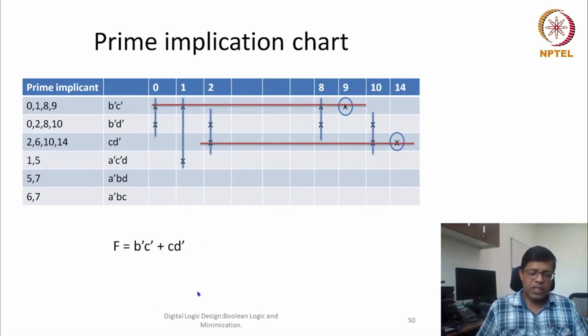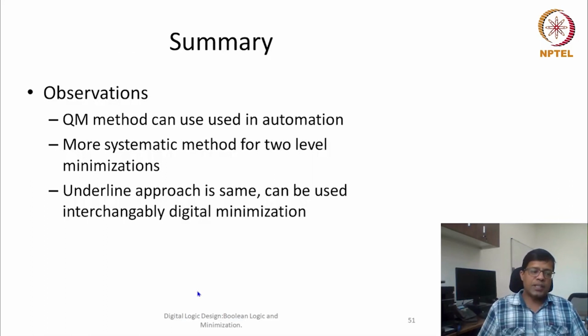With this we finished the QM method of logic minimization, and we can summarize that the QM method is more systematic because it is exhaustive in nature. You don't miss out any particular prime implicant, and it is also systematic in finding essential prime implicants and doing the optimizations around that.